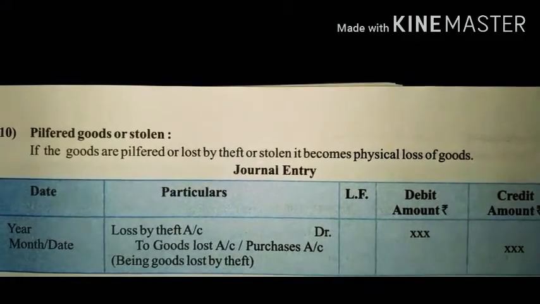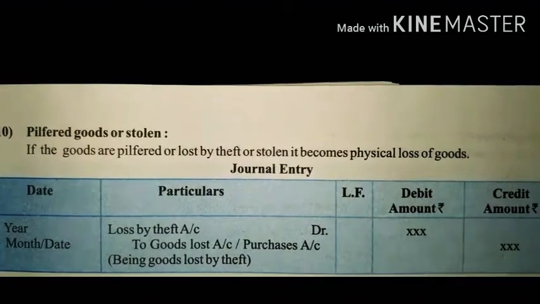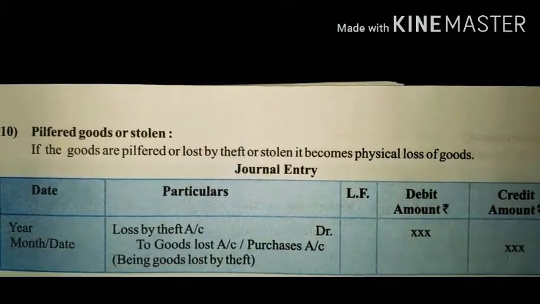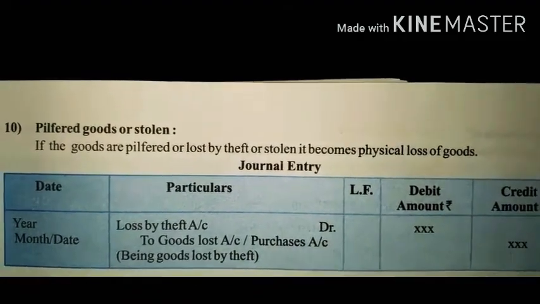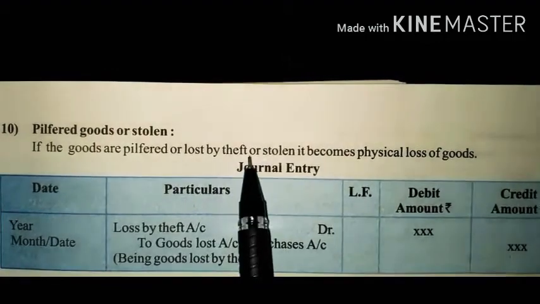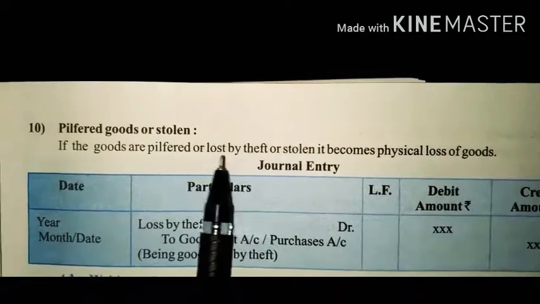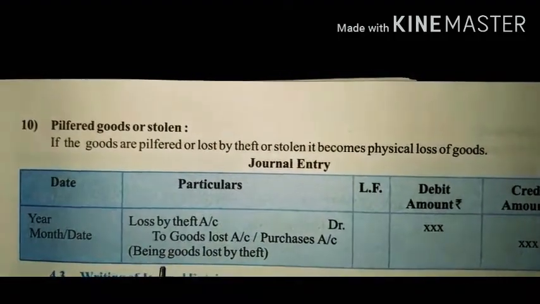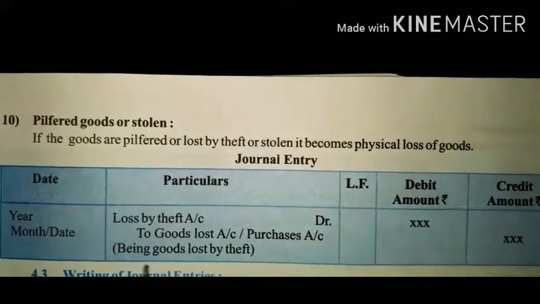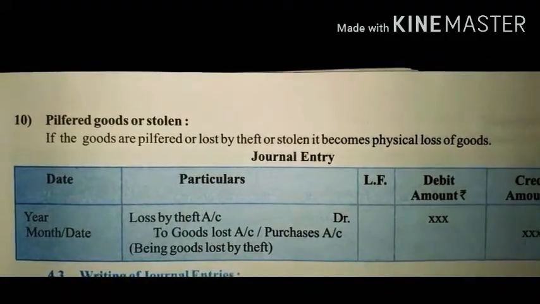Narration: being goods lost by theft. A very simplified narration according to the transaction. What is the main motive of the transaction? Lost by theft. So they have given to the point: being goods lost by theft. So that's the end of our posting of entries in our journal.